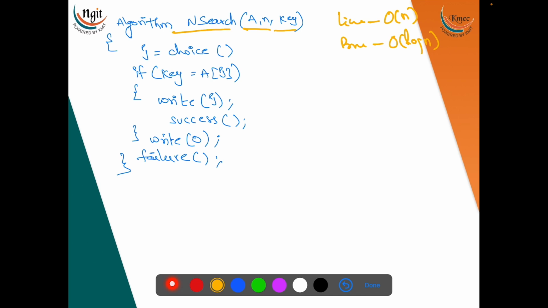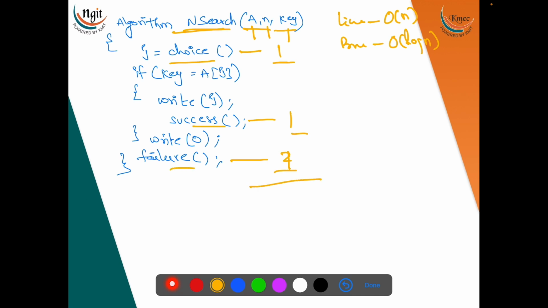Now, there is an algorithm which is a non-deterministic algorithm. Here we'll be taking one array, the array size, and the key element. Those are the three functions required for the non-deterministic algorithm: choice, success, and failure. The execution time of these three functions: the choice function takes one unit of time, success 1, and failure 1.